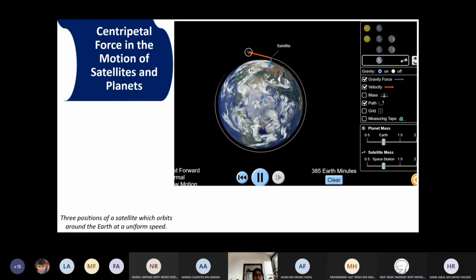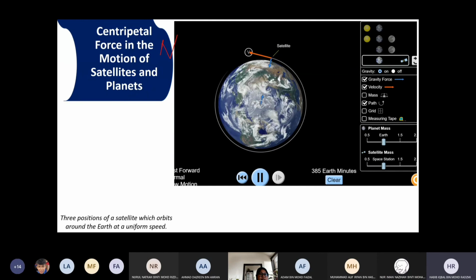So what is centripetal force? It is a force. Kan? The unit is Newton. Okay, it is a force. The unit is Newton. So what is it? Centripetal force. A force that makes a body follow a curve path.